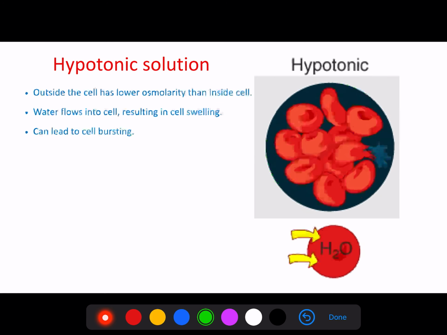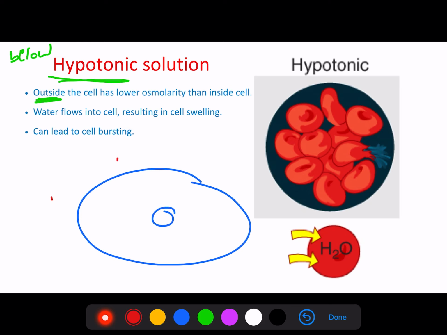The other type is the hypotonic. Hypo means below, and still we are talking about outside the cell. So outside the cell, we have low solute concentration compared to inside. Inside now has more solutes. These solutes will try to escape, but they will be denied also by the plasma membrane.